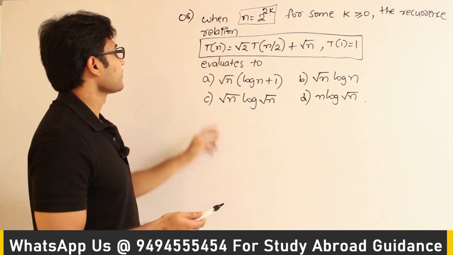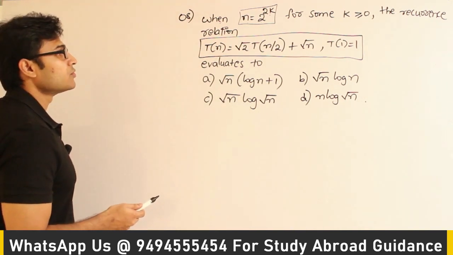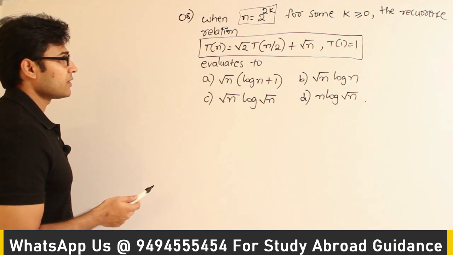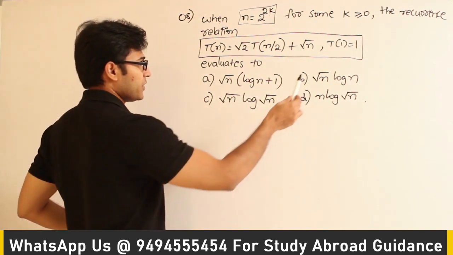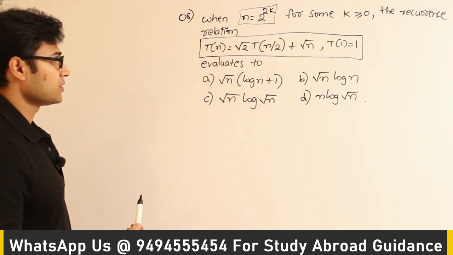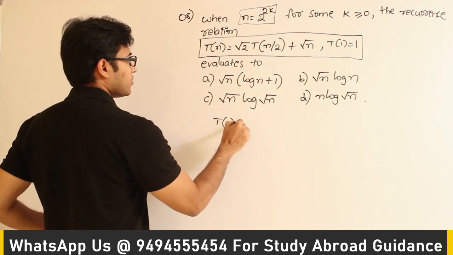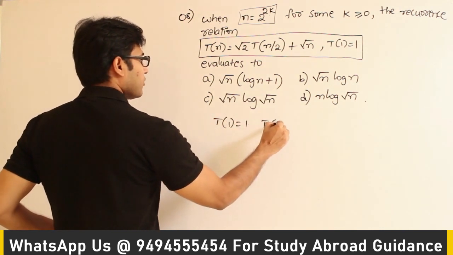Now let's see this one. T of n equal to root 2 into t of n by 2 plus root n, that is what is given, and also they gave that t of 1 equal to 1. So how can I find it out? The same method, this selection by elimination. Find out all the values. T of 1 equal to 1, and what about t of 2?